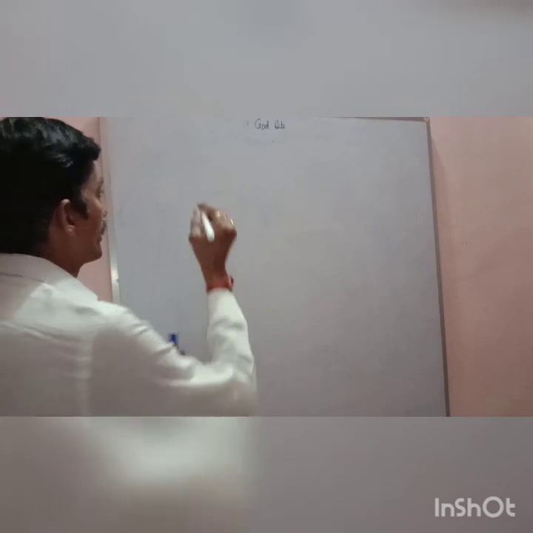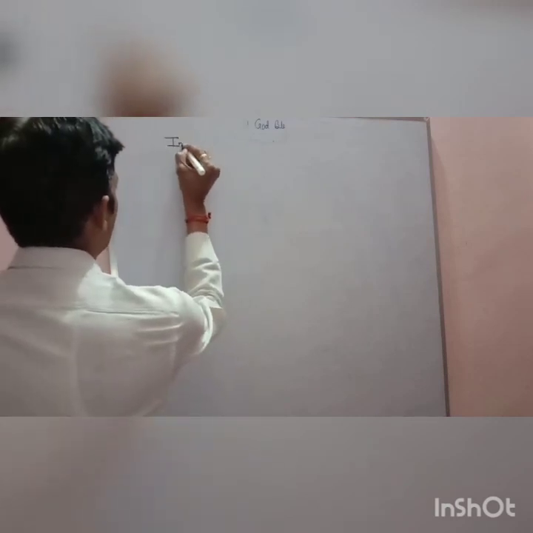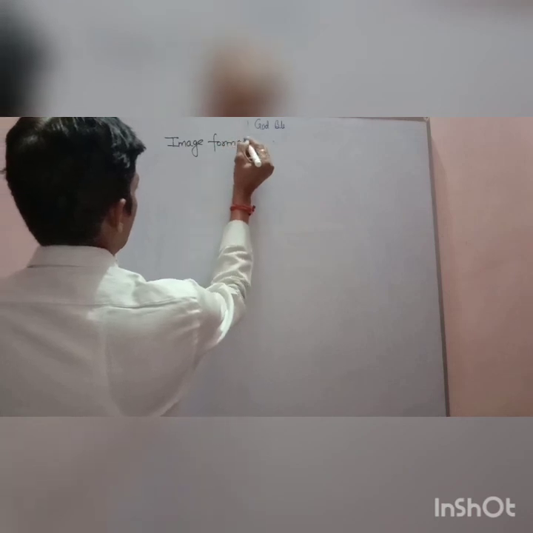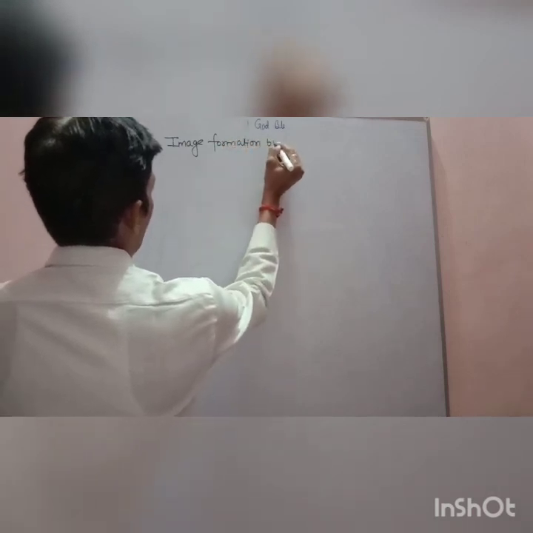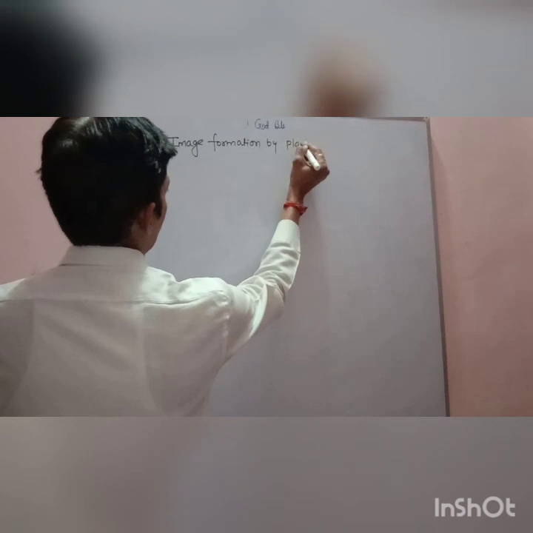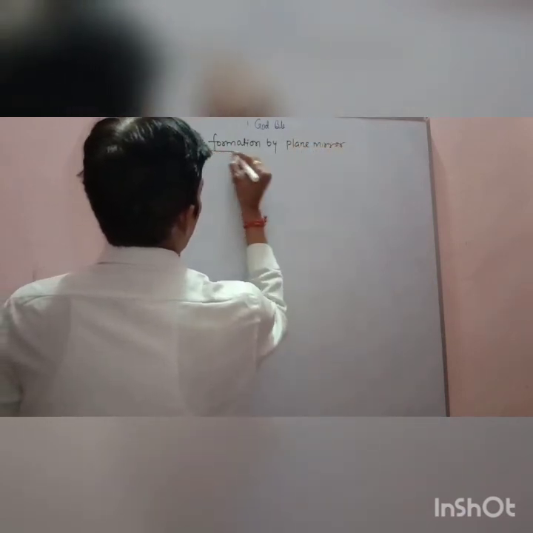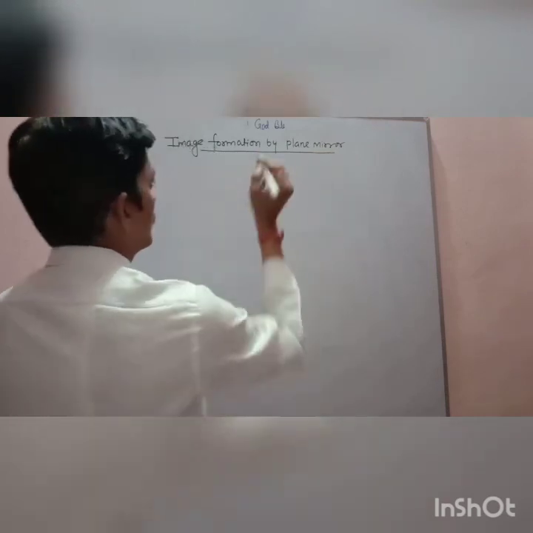Well, my dear, as I told you, now we will study how the image is formed by the plane mirror in the case of reflection. So let's start with the topic: image formation by plane mirror. This is the topic.